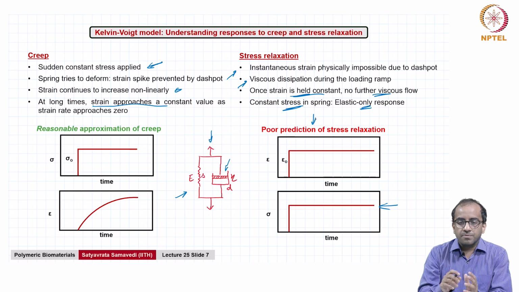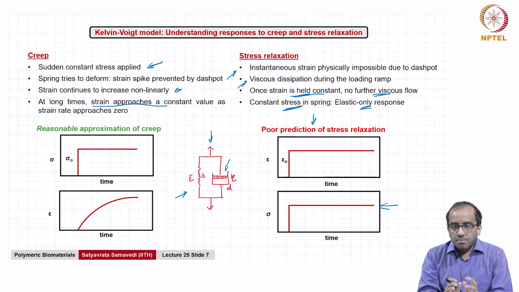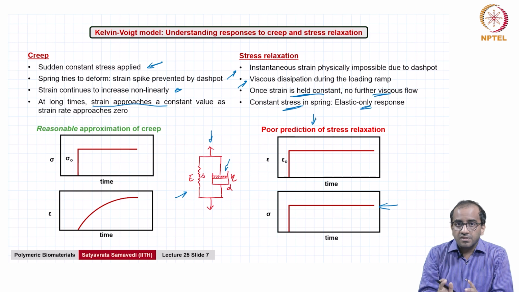So, just to summarize, the Maxwell model connects the Hookean spring element governed by Hooke's law, where stress is proportional to strain, to the Newtonian viscous element, namely the Dashpot, governed by Newton's law of viscosity, where stress is proportional to strain rate. Those two are connected in series, and the Maxwell model does a reasonably good job of predicting stress relaxation, but does a terrible job of predicting creep.